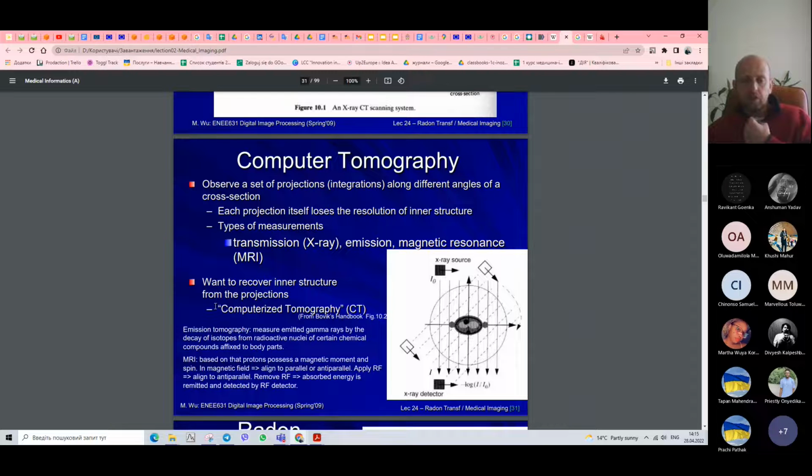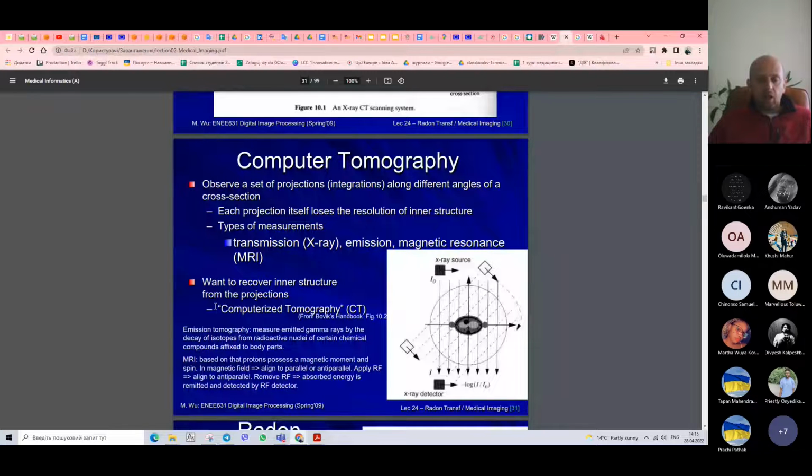Emission tomography measures emitted gamma rays from the decay of isotopes from radioactive nuclei of certain chemical components affixed to a body part. MRI is based on protons that possess a magnetic moment and spin in the imaging field, along two parallel or anti-parallel states.